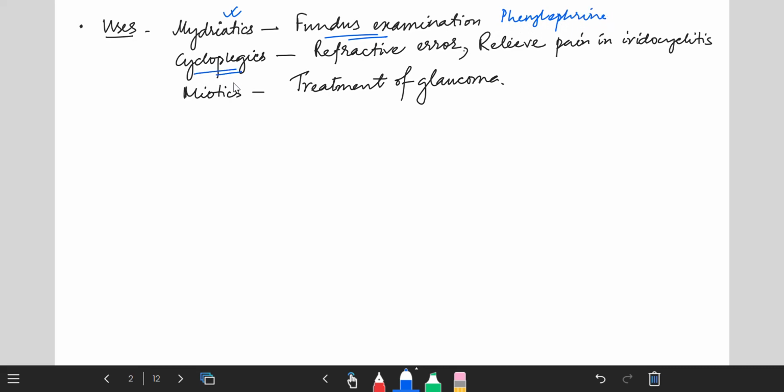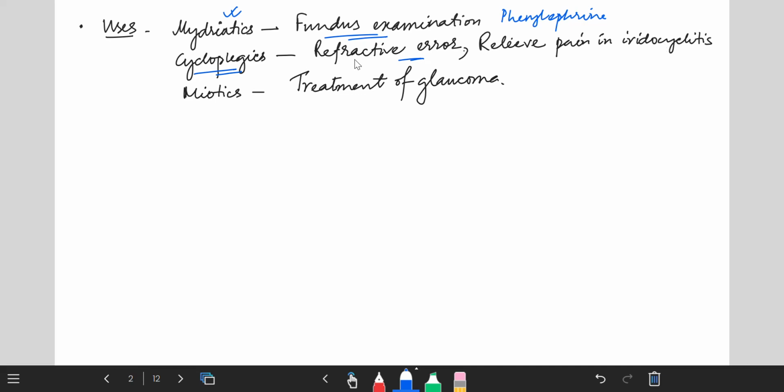Cycloplegics are actually used for refractive error and relief of pain in iridocyclitis. Iridocyclitis is a condition where your iris and ciliary body or ciliary muscles are in an inflamed condition.